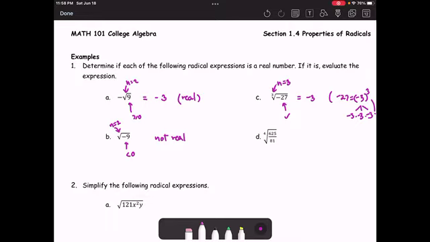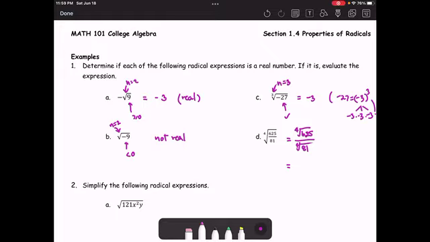And the last one, the fourth root of 625 divided by 81. Use the property that the n root of the quotient is the quotient of the n roots. So we can rewrite it as the fourth root of 625 divided by the fourth root of 81, and then evaluate each one of them.